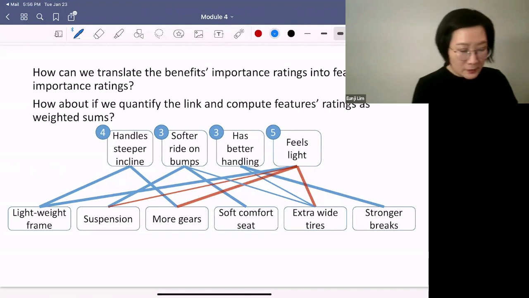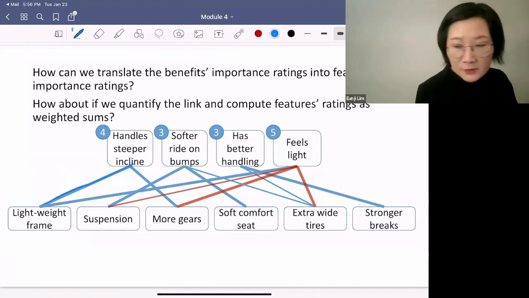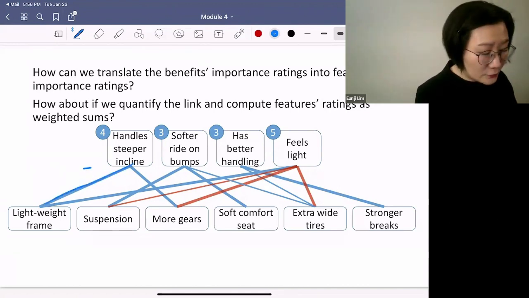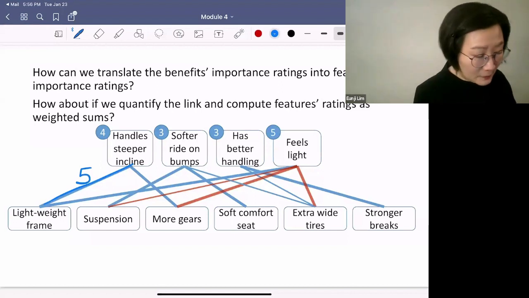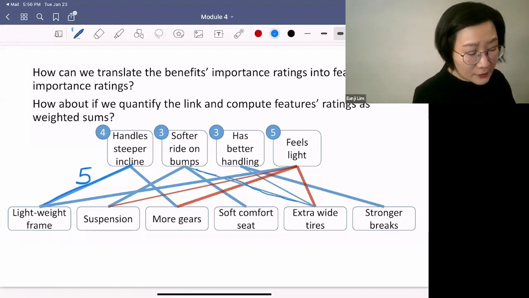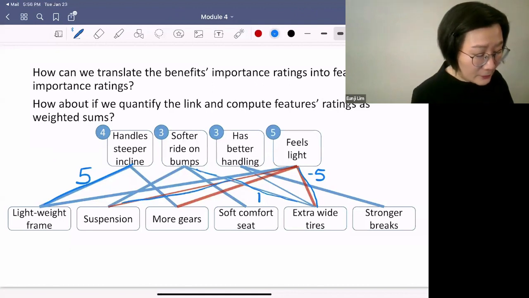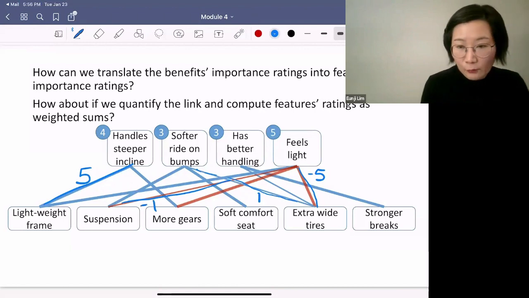For example, here we have strong positive relationship, so we can assign 5. Here we have a weak positive relationship. We can assign 1. And here we have a strong negative relationship. We can assign -5. And here we have weak negative relationship. We can assign -1.